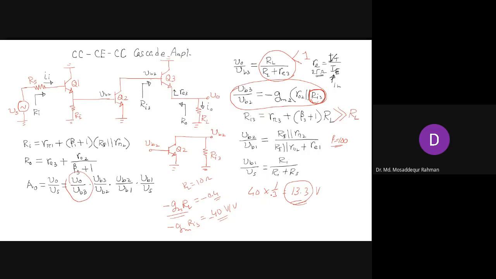So you got the idea of how we can improve the gain and minimize the loss at the input side and the output side. Common emitter has a low input resistance, which we can overcome by adding a common collector at the input side, minimizing signal loss, improving Ri and gain.